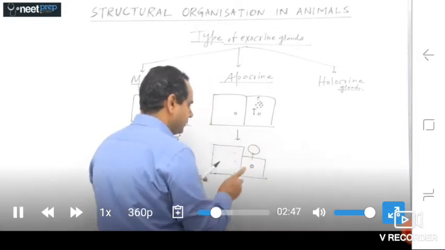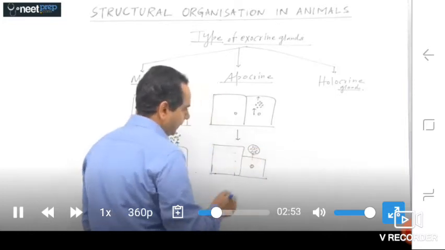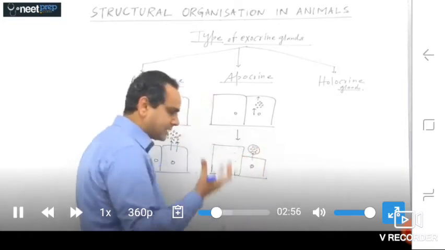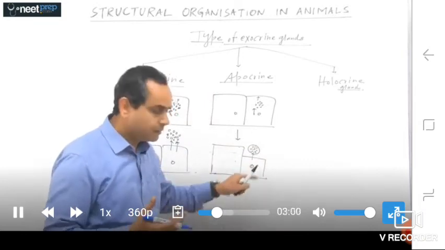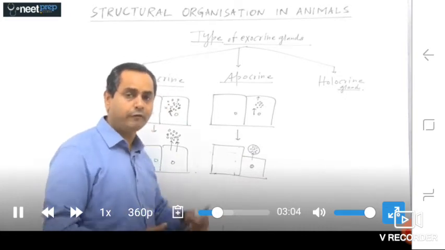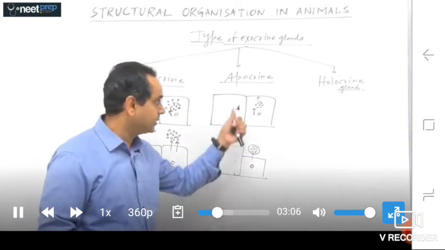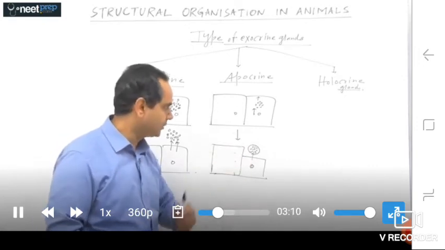The part of cellular membrane also gets detached from the apical part, and in the form of vesicles, secretions come out. So there is the loss of the apical cell membrane also, along with the cellular secretion, and this is the part of apocrine secretion. Remember, this is the part of apocrine secretion.